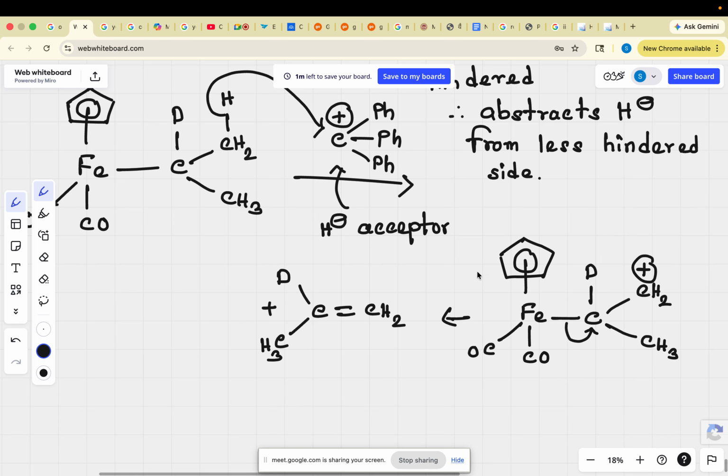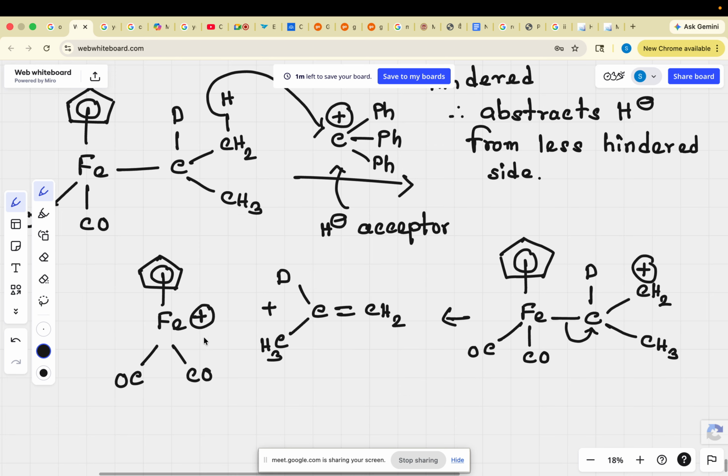And if you see the other part, here you have the cyclopentadienyl, and next you have the iron center. Which charge will be on the iron center now? Positive charge, and here you are getting a double bond.